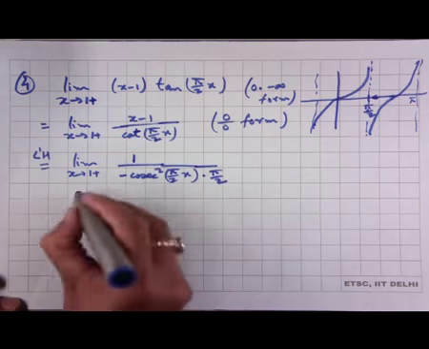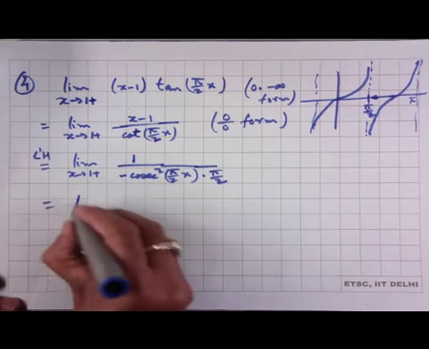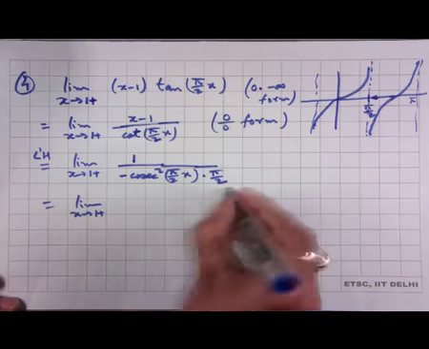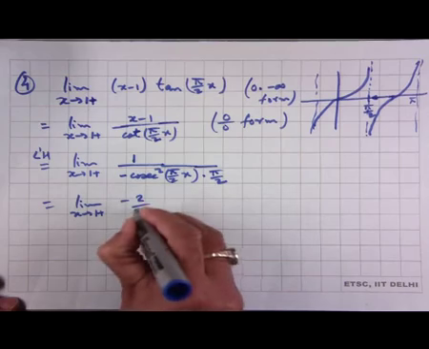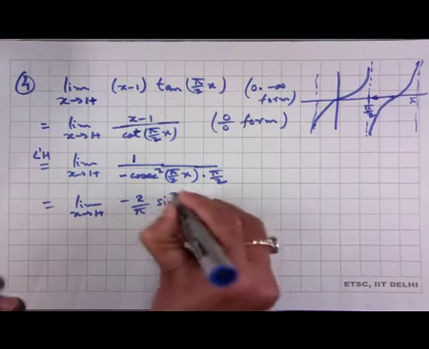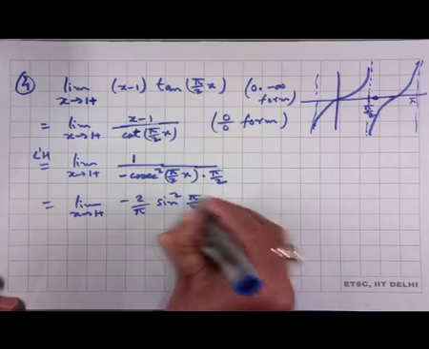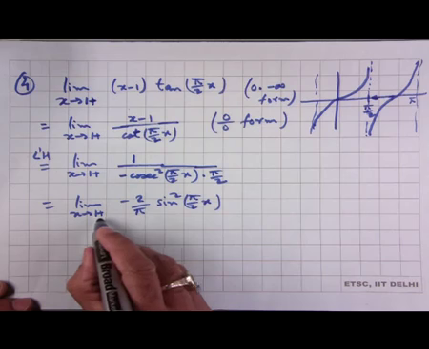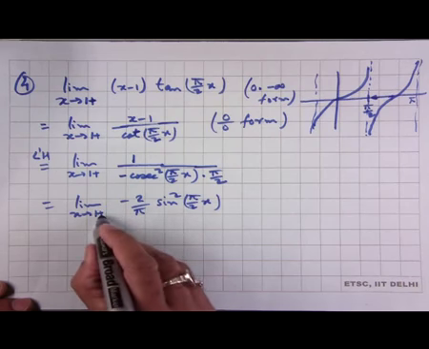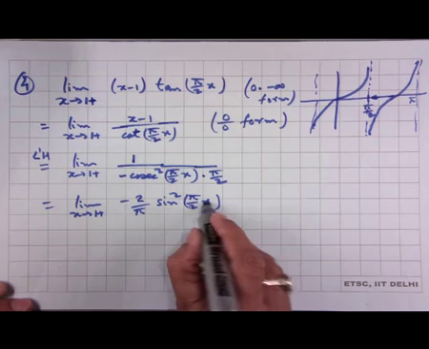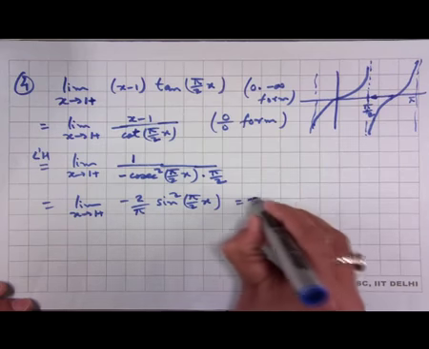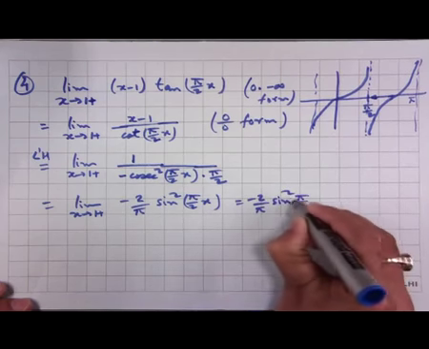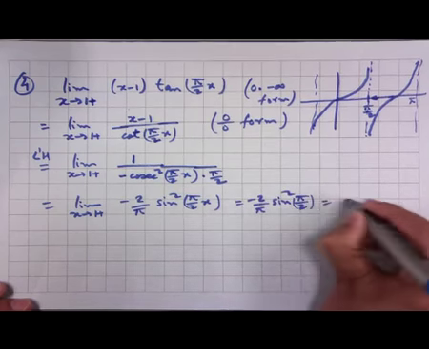This is nothing but the limit as x goes to 1 plus of minus 2 by pi times sin square pi by 2 x, because 1 by cosecant is sin. Now, as x goes to 1 from the positive side, pi by 2 x goes to pi by 2. So, this is equal to minus 2 by pi times sin square pi by 2, and sin pi by 2 is 1. So, this is equal to minus 2 by pi.